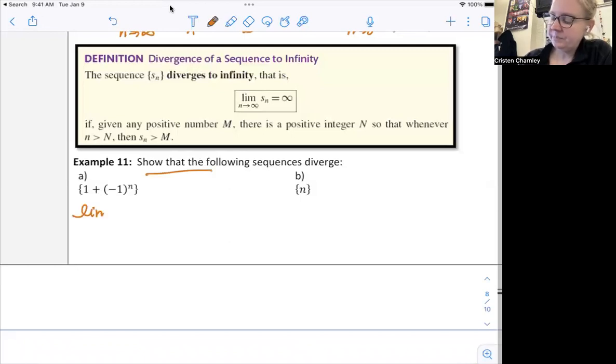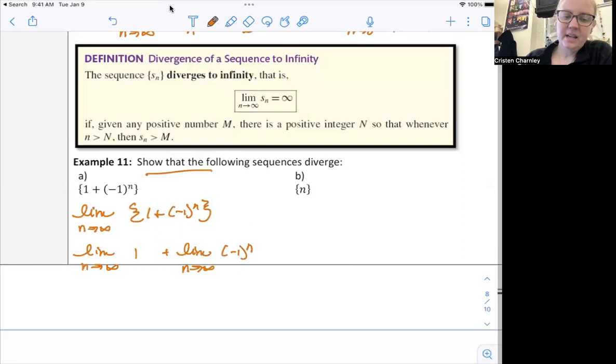We want the limit as n approaches infinity of 1 plus (-1) to the n. If you recall limits, you can pull this apart. You can have two separate limit problems, which is what I want to do here. The first piece is easy. The limit as n approaches infinity is 1. There's no place to put in that infinity, so this becomes 1.